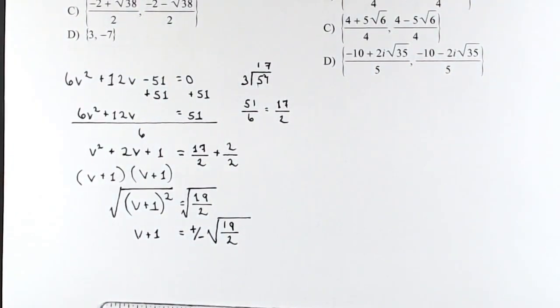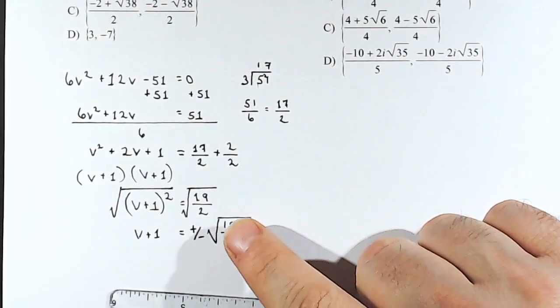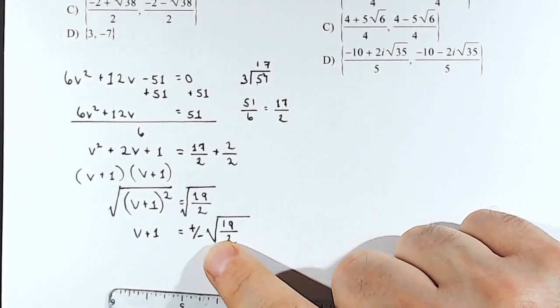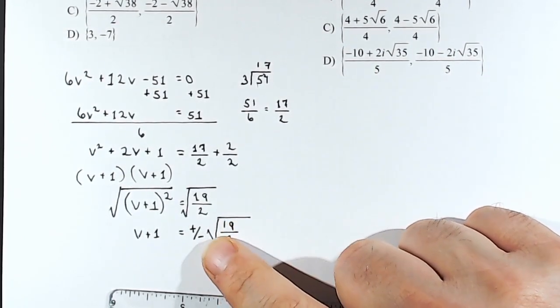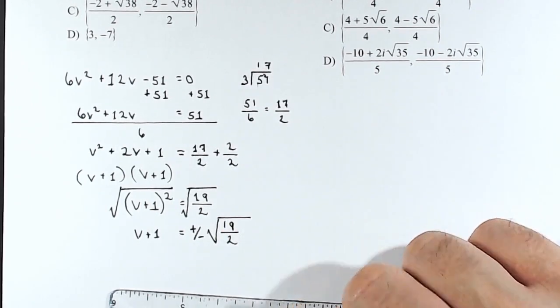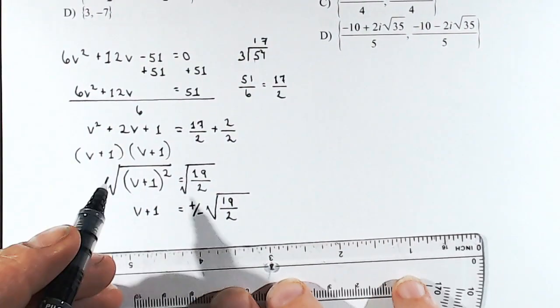Okay? So when I write square roots, I have the ability, especially when there's a fraction inside, to break up the square root and put square root 19 on top and then a big fraction bar and square root 2 on the bottom. Okay, so that's what I'm going to do next.